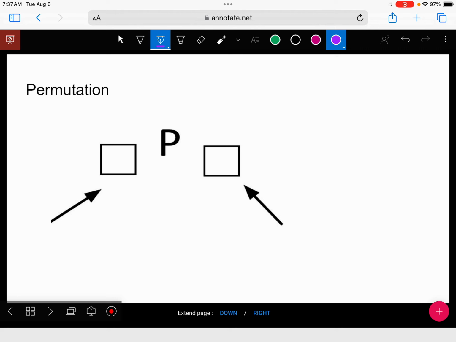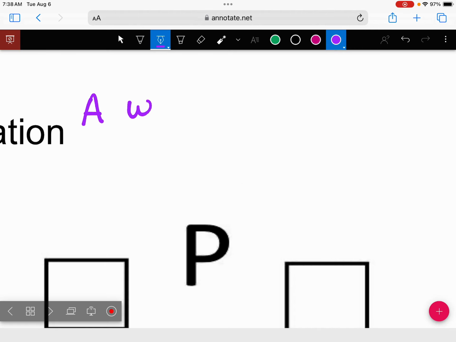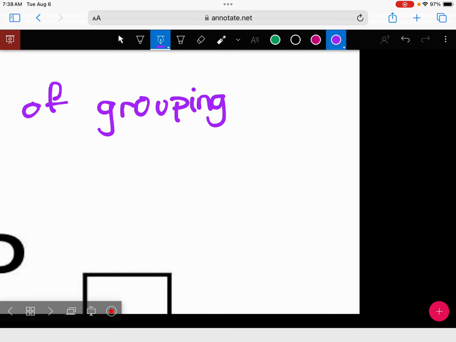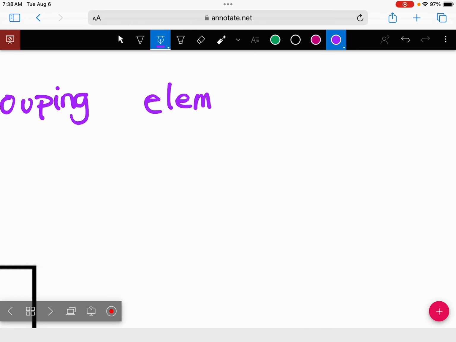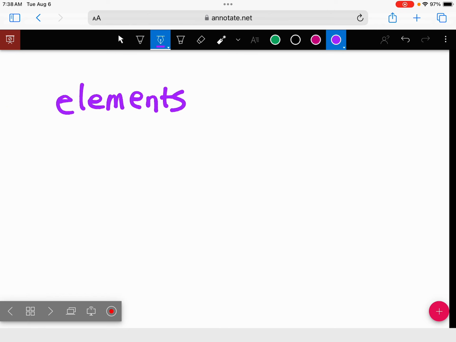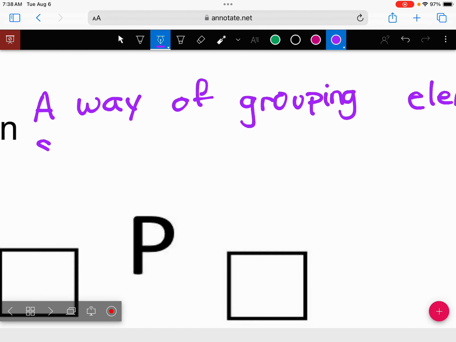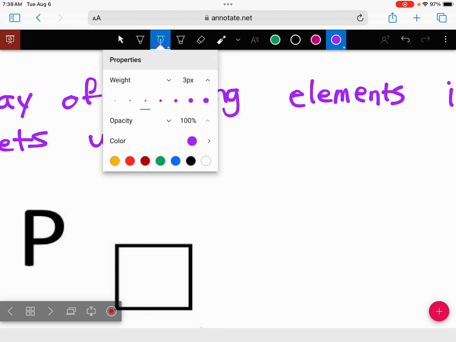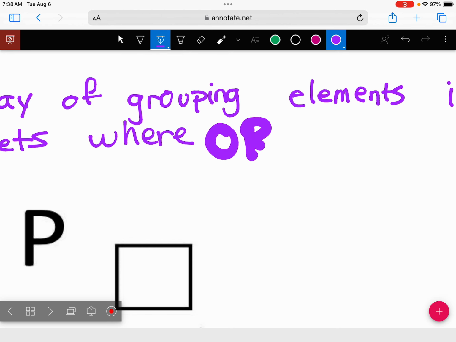And it is a way of grouping elements into subsets, so just making into smaller pieces, where order, and I'm going to make that bolder, matters.